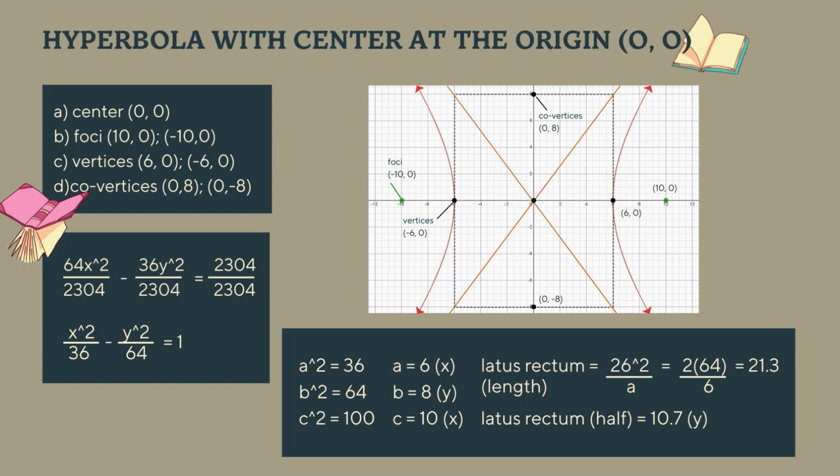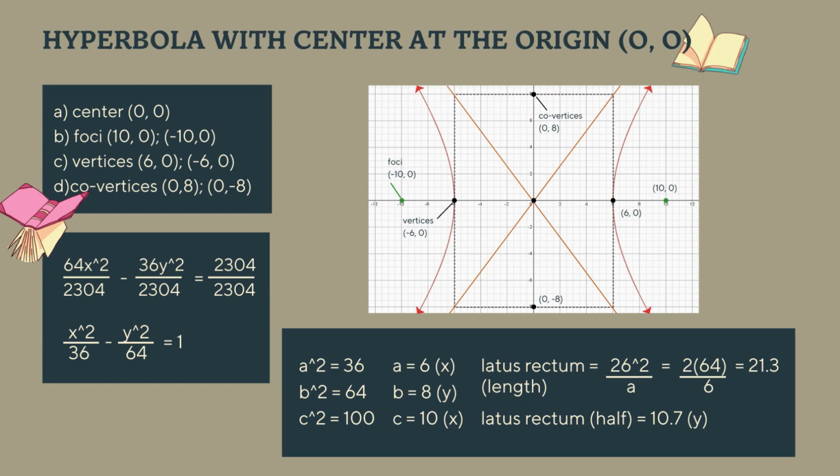There is a graph here that shows all the values of center, foci, vertices, and co-vertices. All of those parts are labeled in this graph. Take some time looking at the graph and observe where the center, foci, vertices, and co-vertices are located.